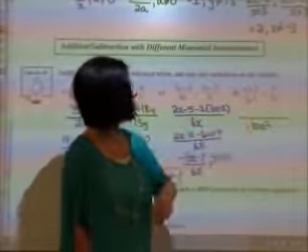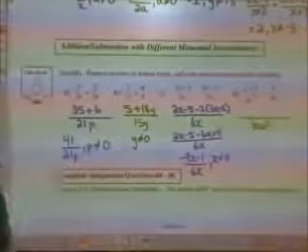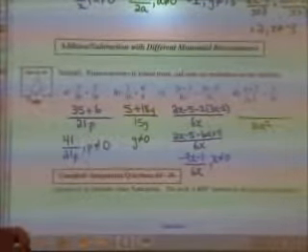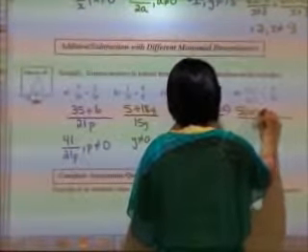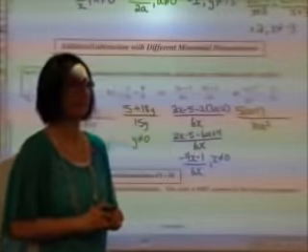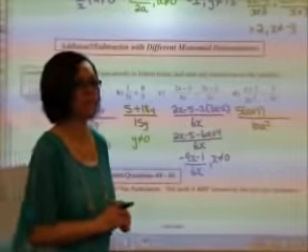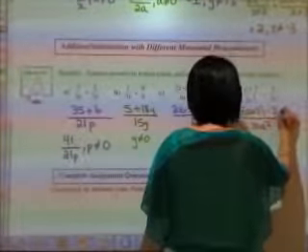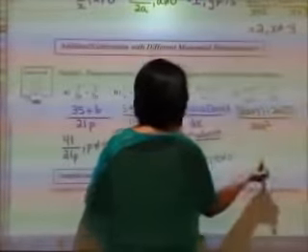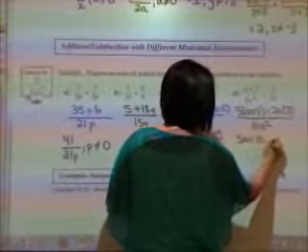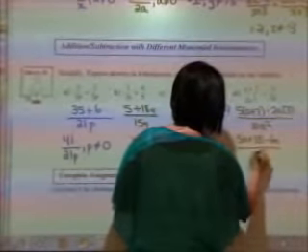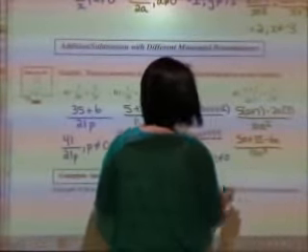Okay? So what would I multiply the first expression by to get to that common denominator? 5. And what do I multiply the second fraction by? 2a. So I'd have 5a plus 35 minus 6a over 10a squared.